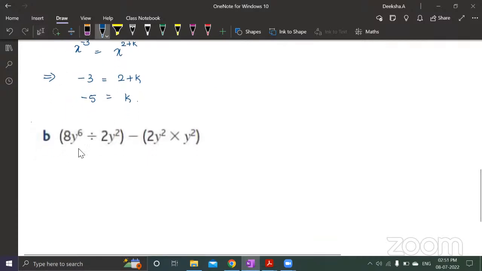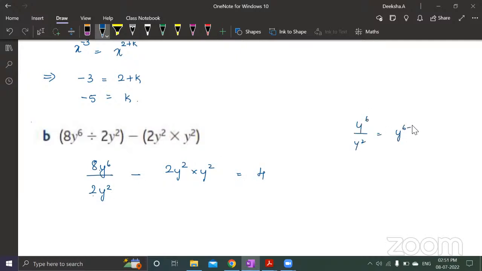Now here we'll write this. This is 8y power 6 divided by 2y square minus 2y square into y square. Now here 8 by 2 is 4. Y power 6 by y power 2 is y power 4, 6 minus 2.